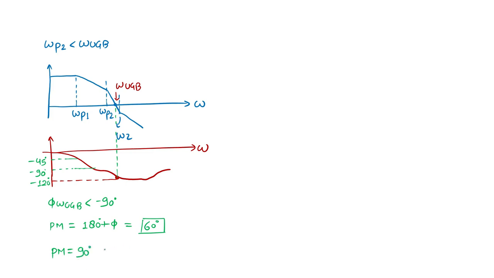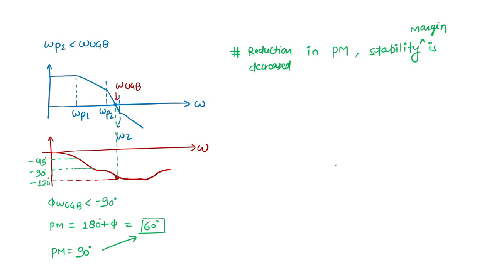Now the phase margin has reduced to 60 degrees. So with the reduction in phase margin, stability is decreased, or we can say the stability margin is decreased.